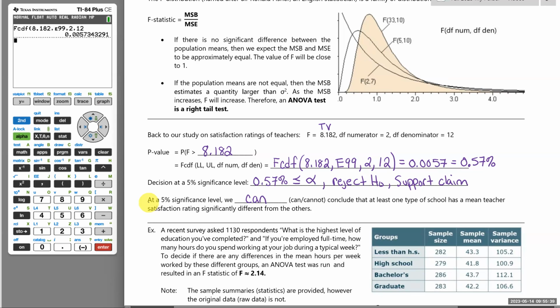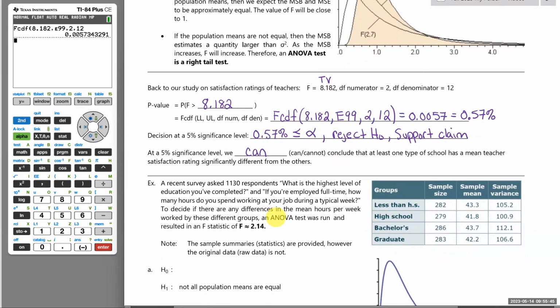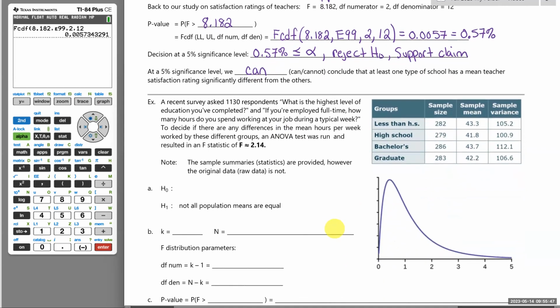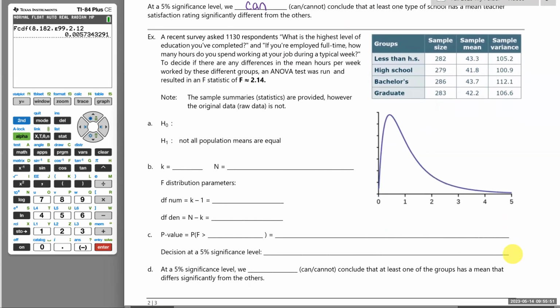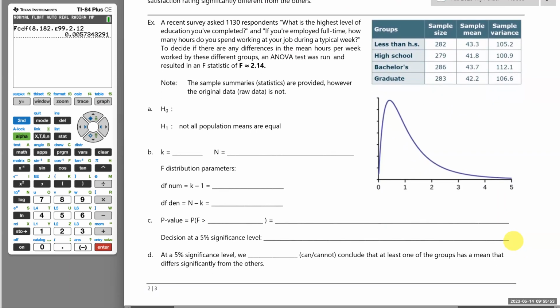Okay, so let's do another one. And we are going to take a look at a problem where this time I don't have the original data. They've just done the summary for me. All right, so let's take a look. So it says a recent survey asked 1,130 respondents, what is the highest level of education you've completed?